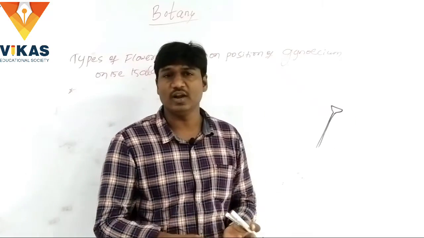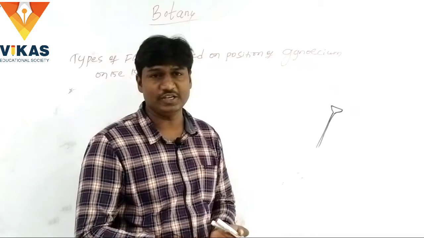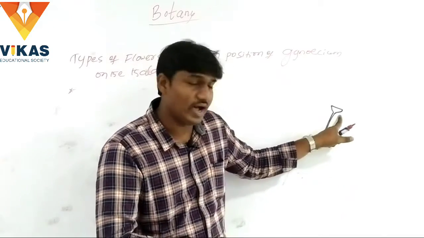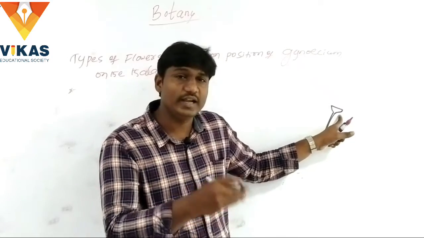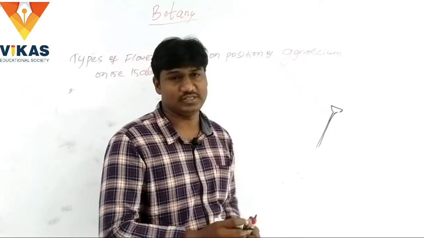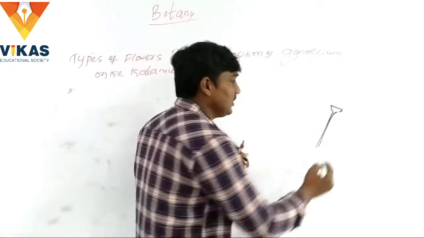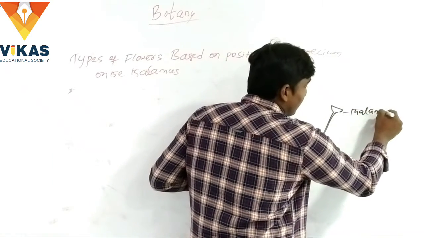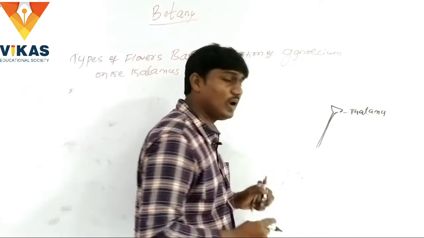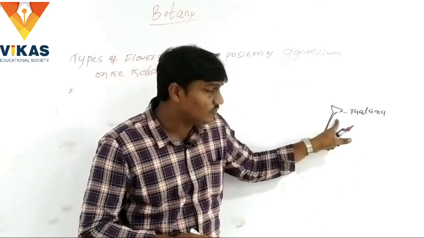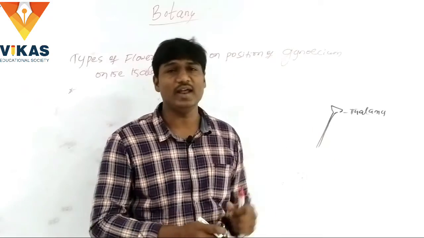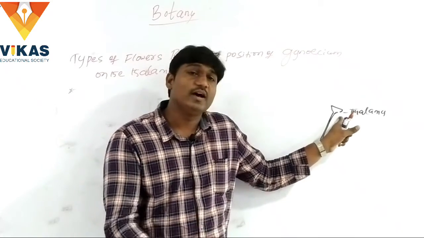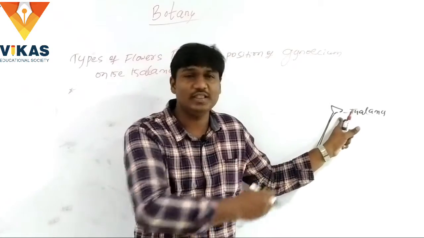Even the calyx, corolla, androecium, gynoecium, and the floral leaves or floral parts are seated on the thalamus. It is also called the floral primordium. The tip of the pedicel becomes swollen and the floral parts are arranged on it.